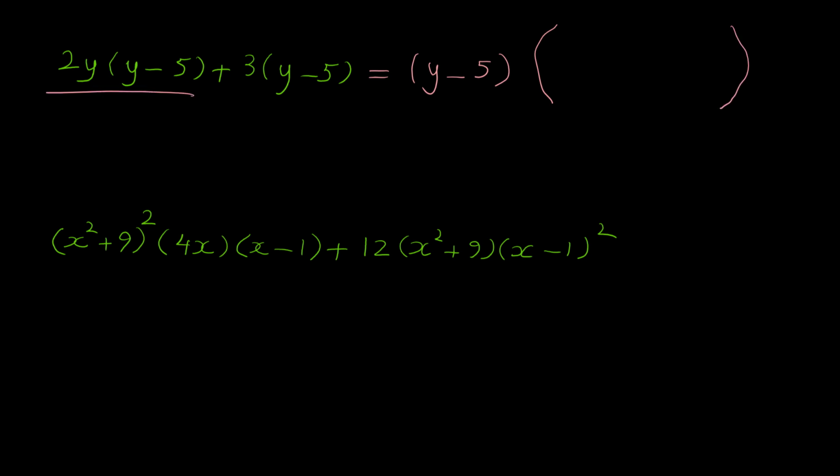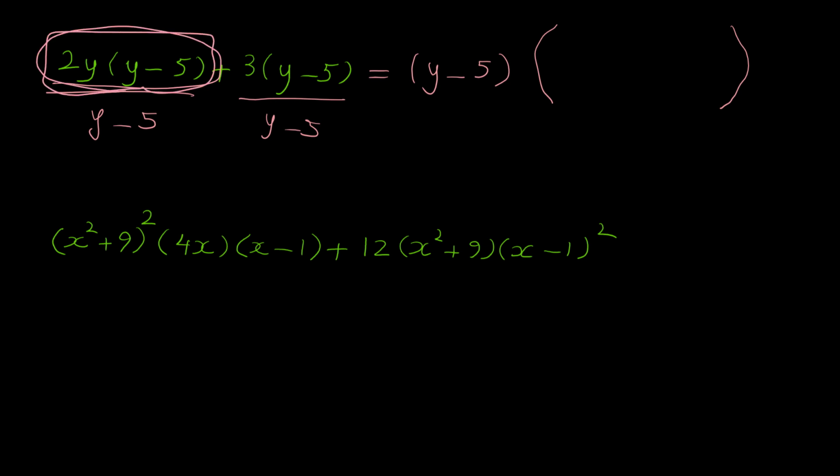When we factor something, we know that basically it's like dividing by that common factor. The first term, divided by y minus 5, this cancels with this. What remains? 2y.